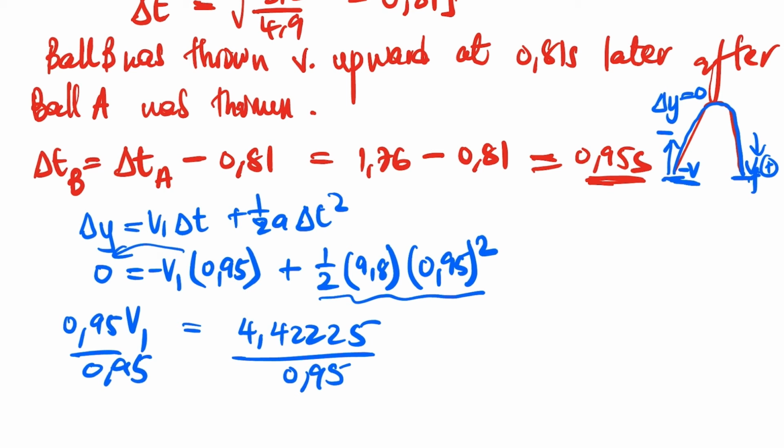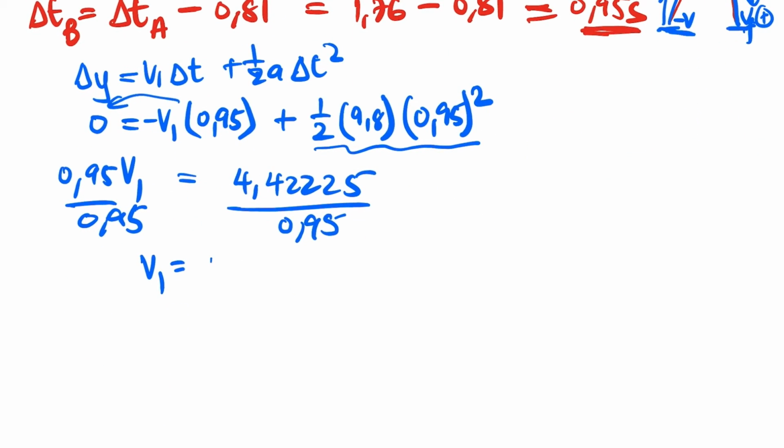So the answer here, the v initial, will be 4.66 meters per second. That's the velocity at which the ball was thrown.